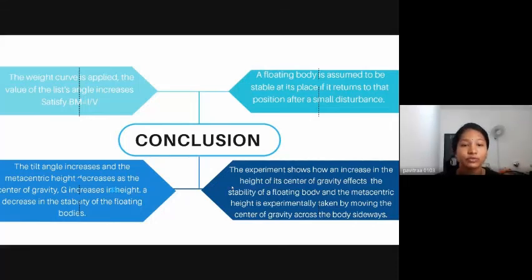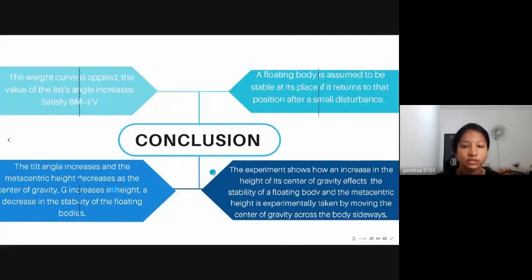The GM values for test 1, test 2, and test 3 are 80.61 mm, 109.11 mm, and 333.61 mm respectively, based on the measurement of the metacentric height GM for all three experiments. For each test, the tilt angle increases and the metacentric height decreases as the center of gravity G increases in height.